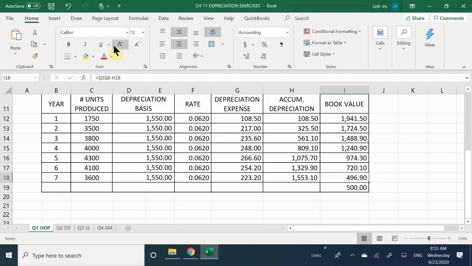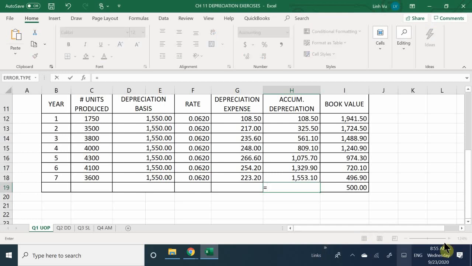So then what do I need to do in order to solve for the rest of the stuff? Accumulated depreciation should be the asset, the depreciation basis, minus the book value. Good.